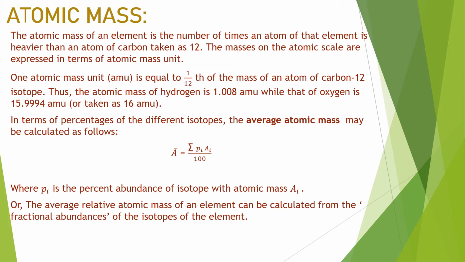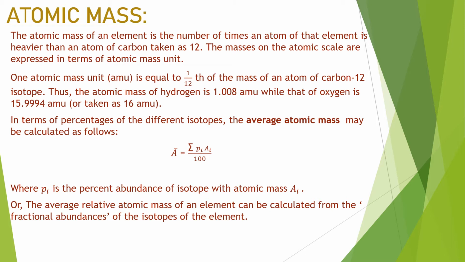In your previous class, in class 9, you must have done this topic, average atomic mass, and used this formula for calculating it. Suppose chlorine occurs in nature in two isotopic forms with masses 35 U and 37 U, in the ratio 3:1, meaning one isotopic form occurs in 75% and the other in 25%.